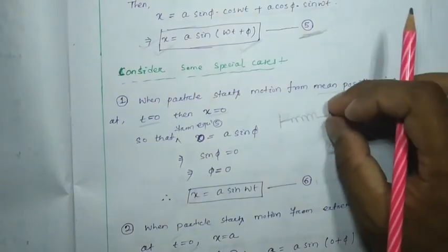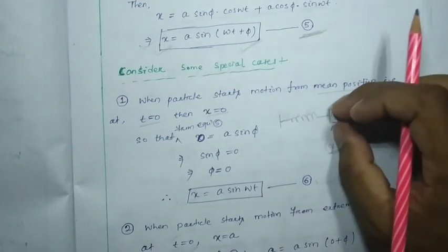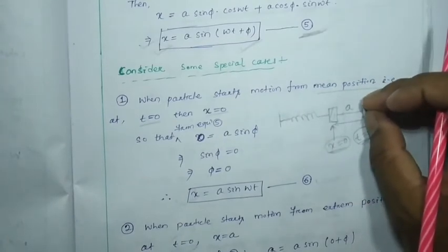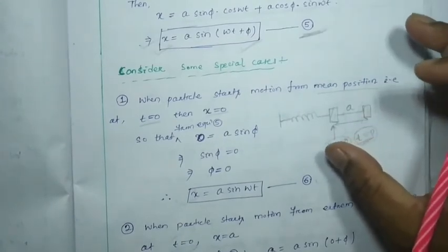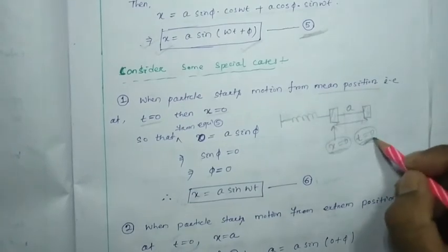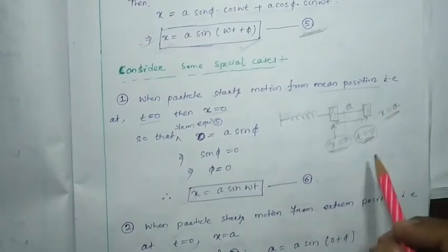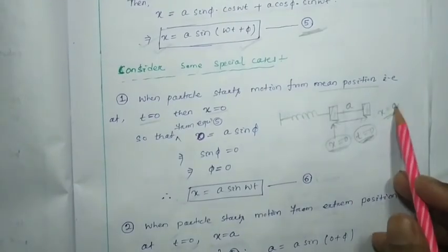That means you dragged the particle from the origin to here, and then you leave it. From there the time starts, t equal to 0, and x equal to how much? a.